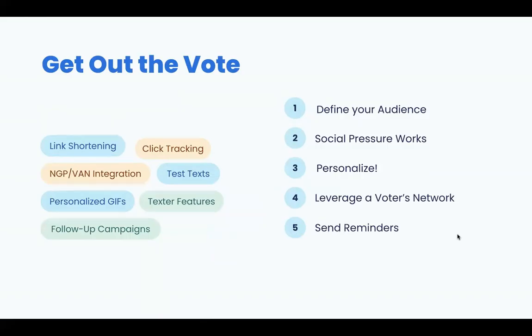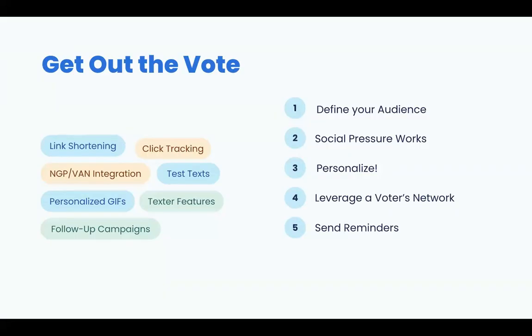Make sure you're using the data available to you to filter your contact lists based on previous voting records or support for your campaign. Then you can tailor your messages according to your audience. If you don't have a lot of detailed data about the contacts you'll be texting, make sure you're prepared to start collecting data, such as supporter IDs and voting status. We'll show you how to do this in Scale to Win Text today.